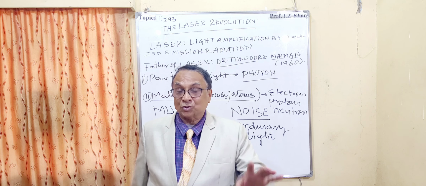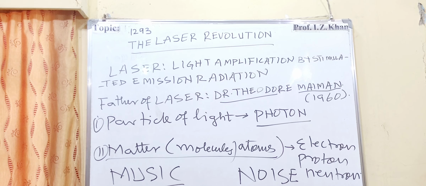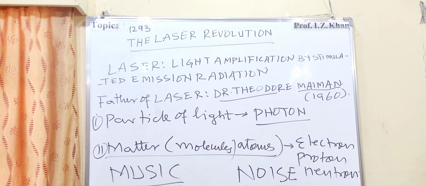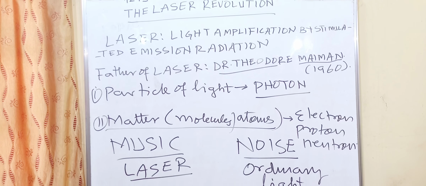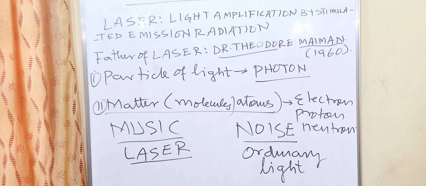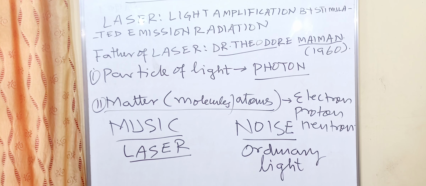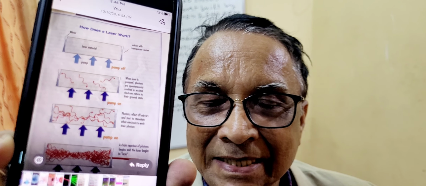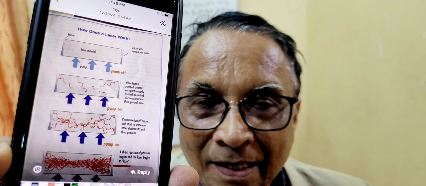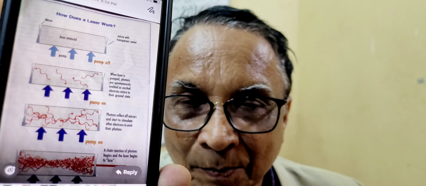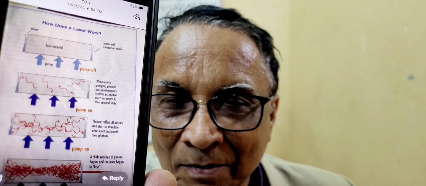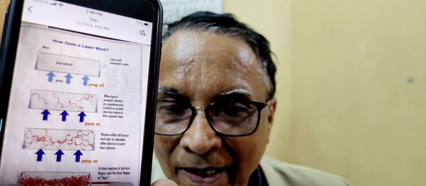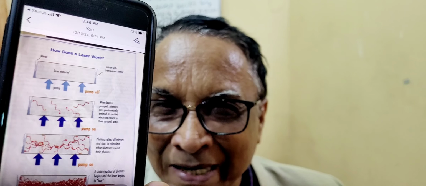So here I am going to show you some images. Here you can see in this image, when the energy is supplied, it appears as a small arrow with thread-like bunches.